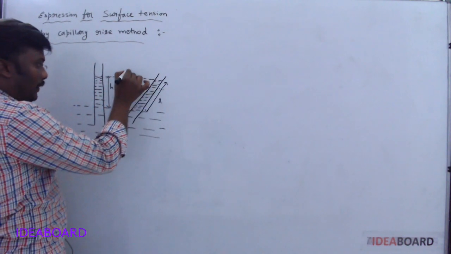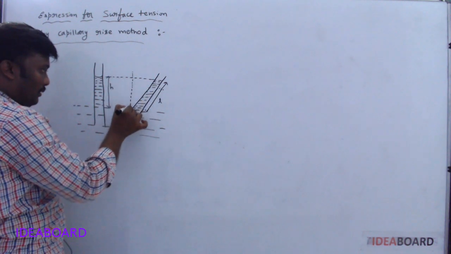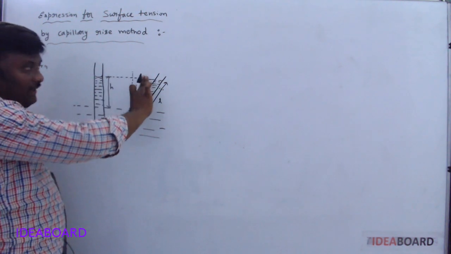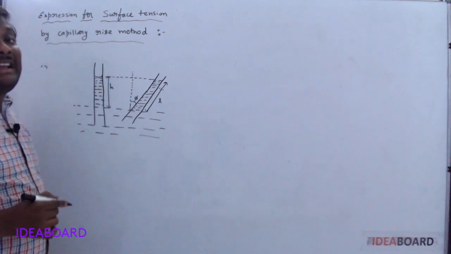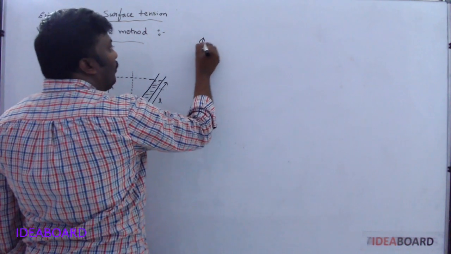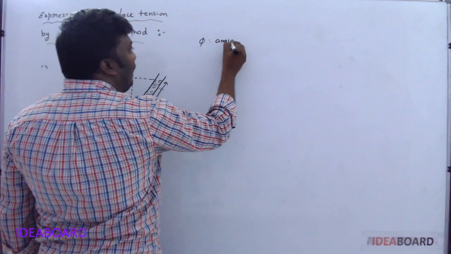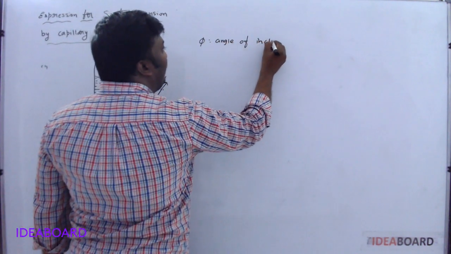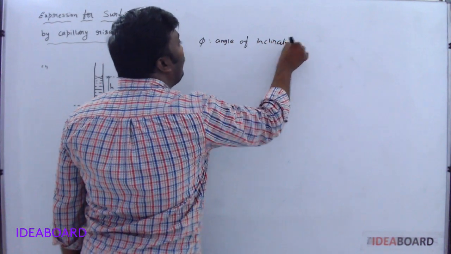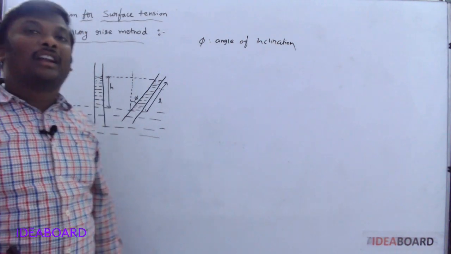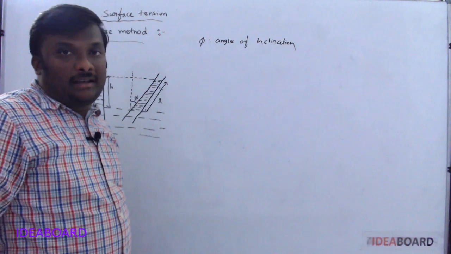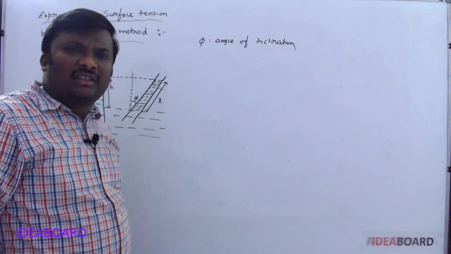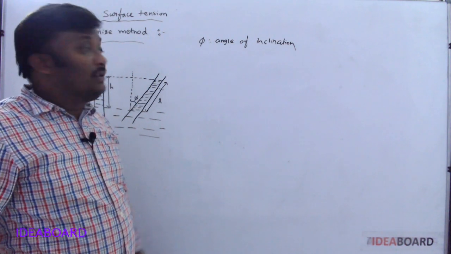Okay, here what he was doing, it is tilted with a certain angle. Now this is called the angle of inclination. What is phi? Angle of inclination. It is not equal to the angle of contact. The angle of contact between the glass and water surface is always 0 degree, so it is independent of the inclination.